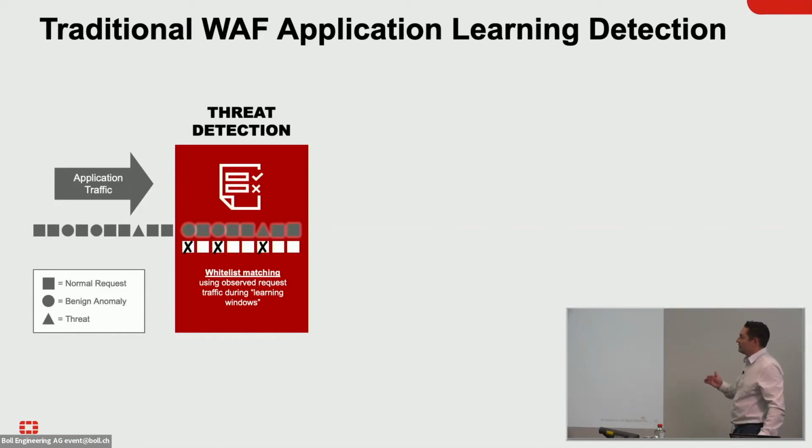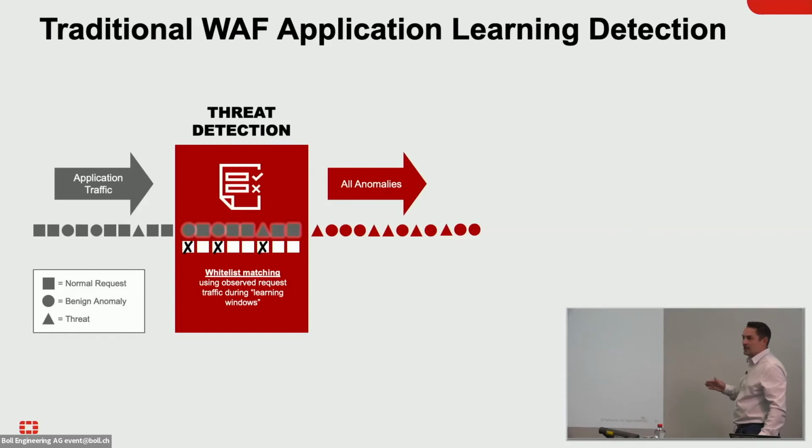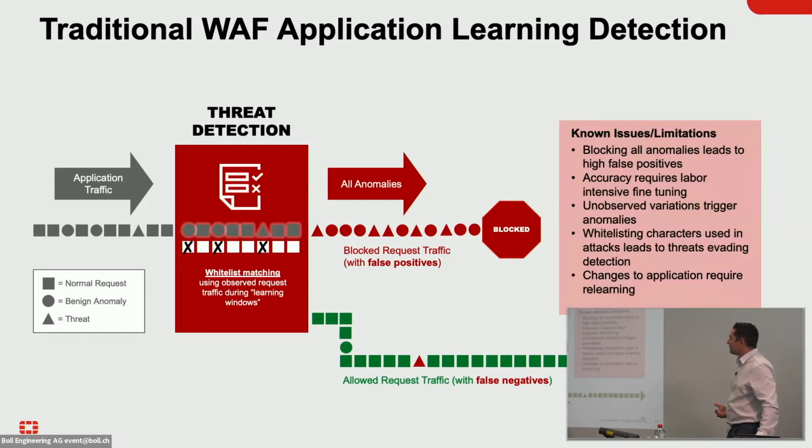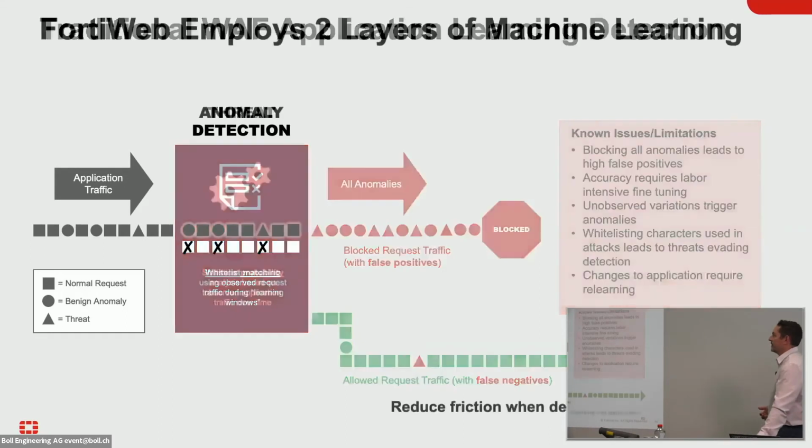Everything which is whitelisted goes through and works. All anomalies, which could be threats or benign anomalies, are blocked because they are not in the whitelist model. So it's not really interactive, because you need to manage all the false positives. If it's just a human error, it's not the right way to manage this. And we have a lot of issues behind all of this.